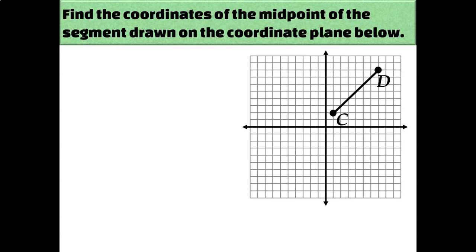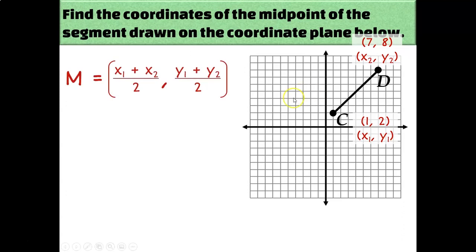So again, the first thing I need to do is identify the coordinates of my endpoints. I've got 1, 2 for the coordinates of C, and 7, 8 for the coordinates of D. And I'll just take those numbers, which again I labeled as x1 and y1, and x2 and y2, and plug them into my formula. The midpoint is equal to 1 plus 7, that's x1 plus x2 over 2.